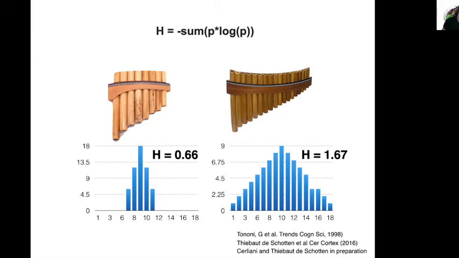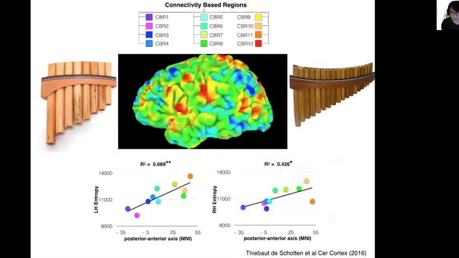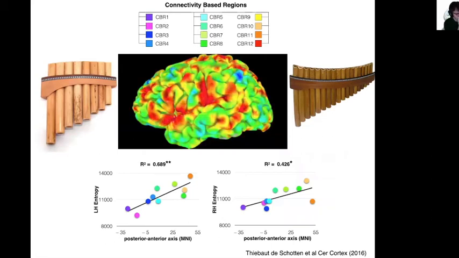In order to look at the activity of brain regions, we used resting state functional connectivity, high resolution, from the Human Connectome Project.